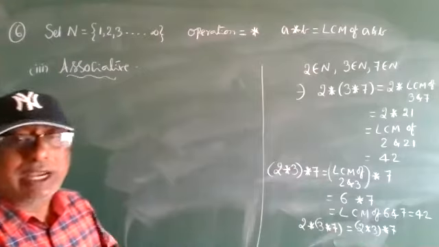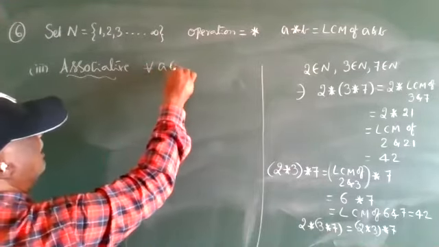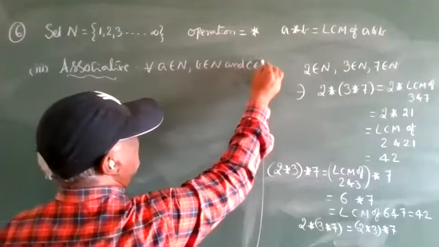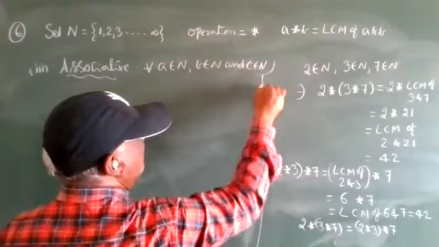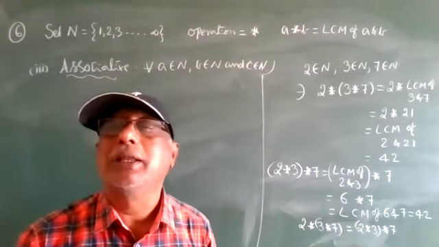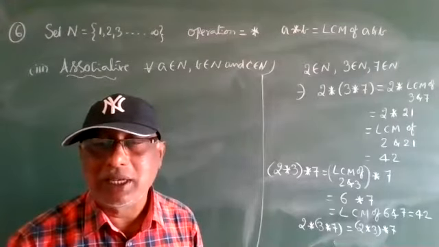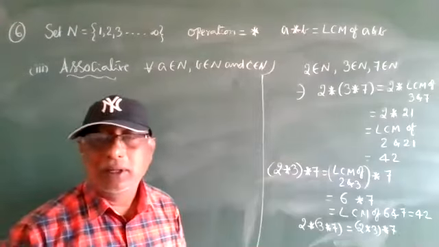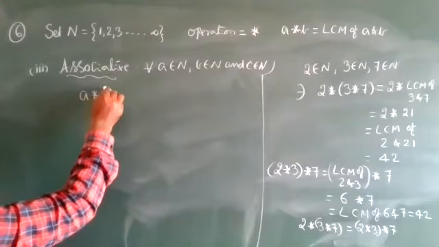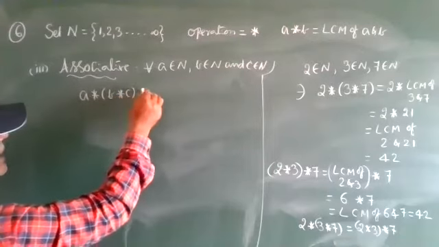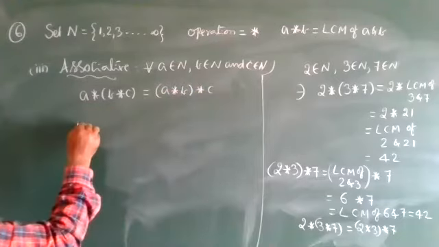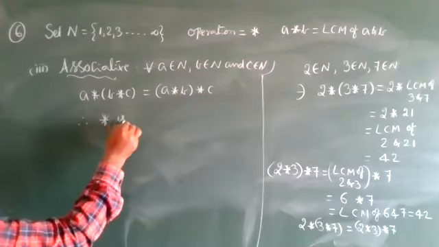Therefore, write down the statement. For all A belongs to N, B belongs to N, and C belongs to N, A star (B star C) is equal to (A star B) star C. Therefore, star is associative.